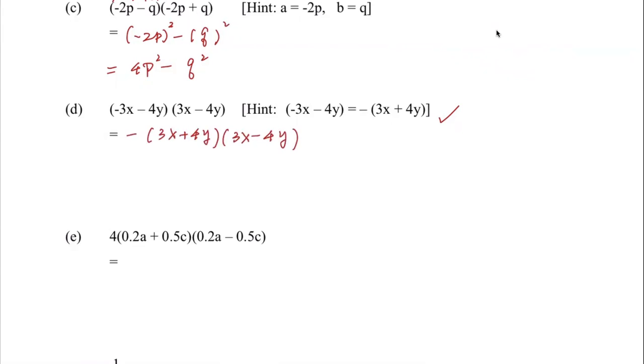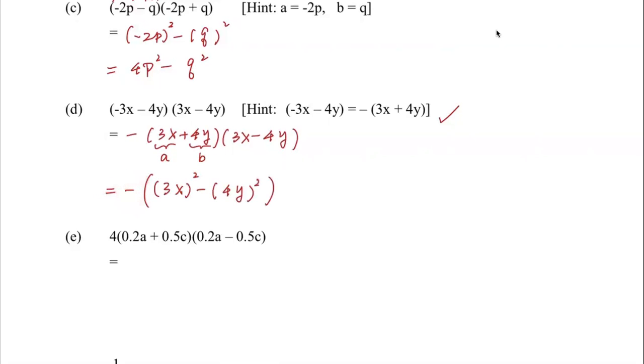Again, if we see 3x as A and 4y as B, then the result should be minus 3x squared minus 4y squared. The only thing here is that we have a minus sign.